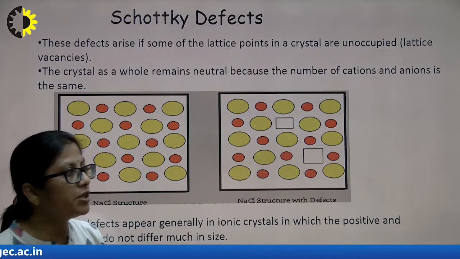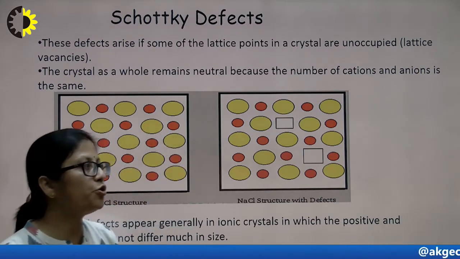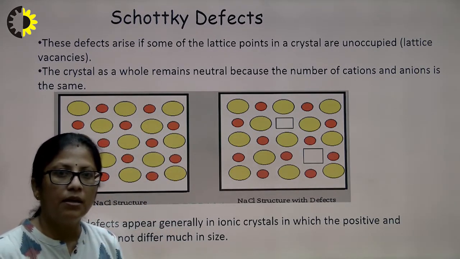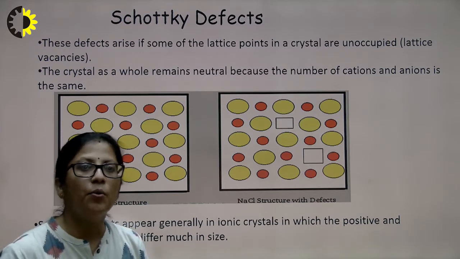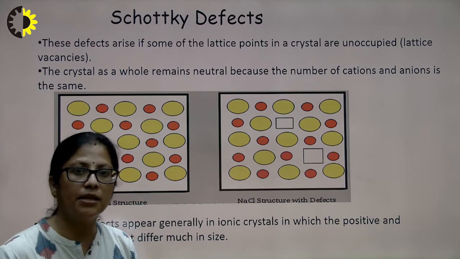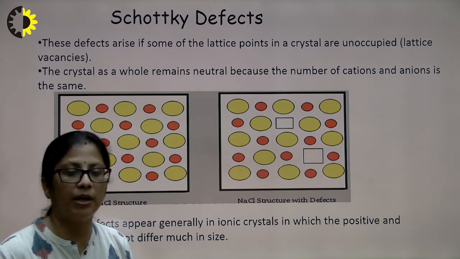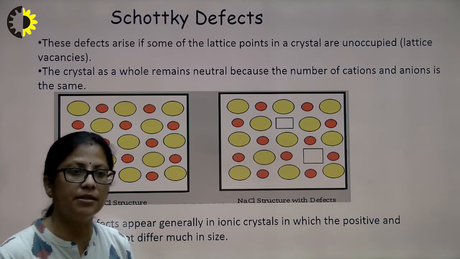Now, coming first to the stoichiometric defects, the first stoichiometric defect is the Schottky defect. This type of defect arises when certain points in the crystal lattice are unoccupied. They are also known as lattice vacancies.